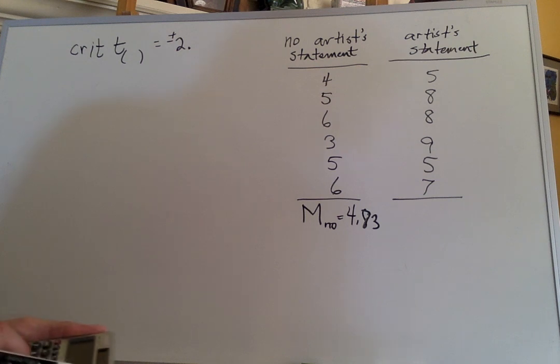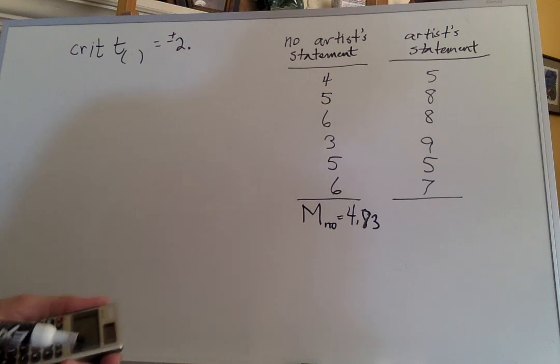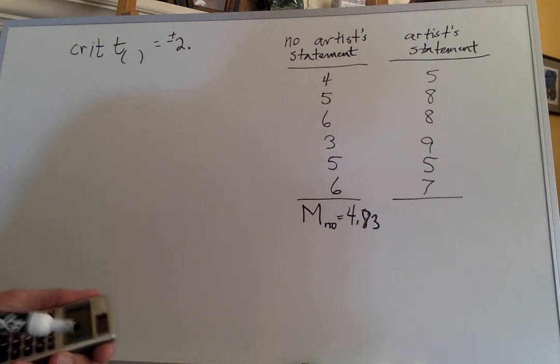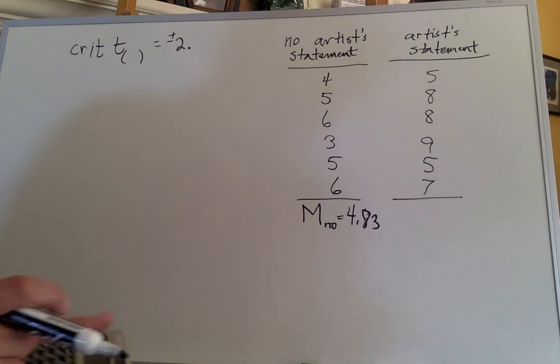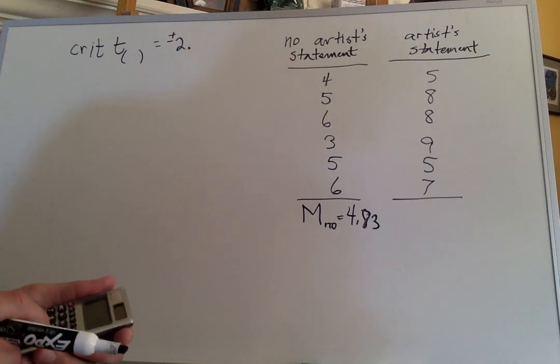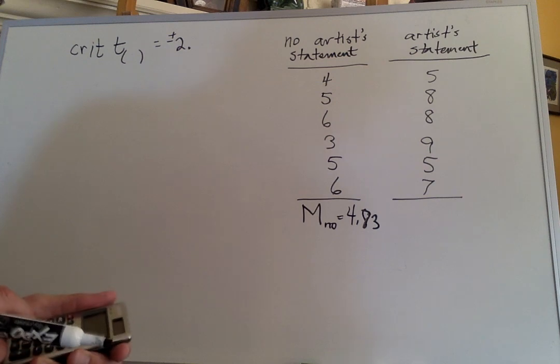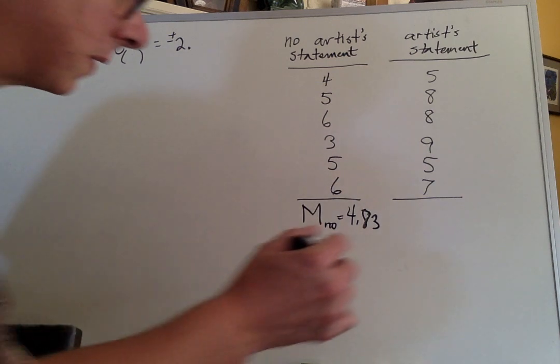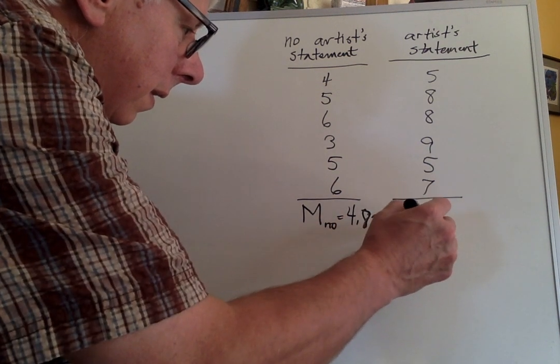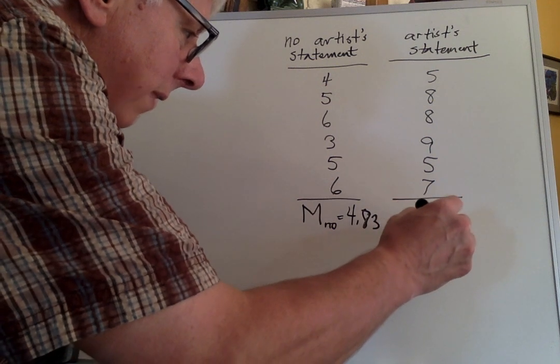And I might have made a mistake. 13 plus 17 is, what is it, 30? 13 plus 17 plus 12 equals 42 divided by 6. So the mean here is 7, okay?